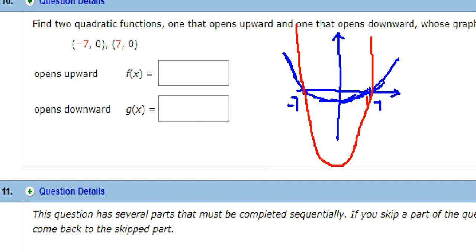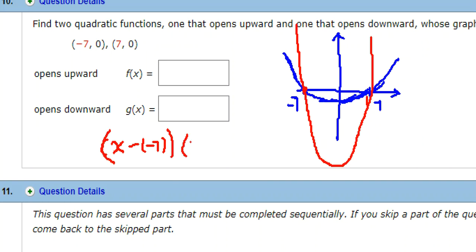So here's the trick, and you do know that the function passes through these 2 points. So in other words, these 2 points are solutions for your function, right? When you set that to 0. So in other words, you must be able to, so this is a root. This is x minus negative 7. This is one root.